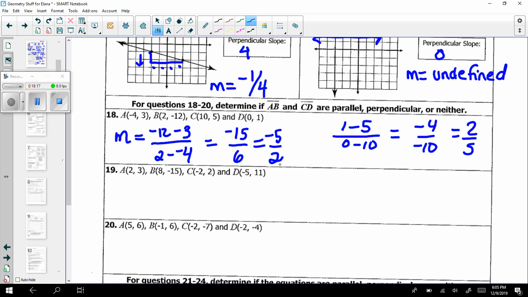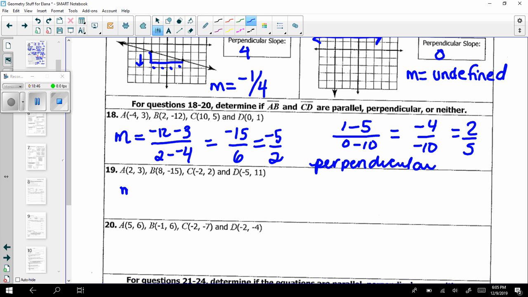Remember that if I multiply two perpendicular slopes, their product is going to be negative 1. So if you multiply negative 5 halves times 2/5, you would get negative 10 over 10, which gives negative 1.